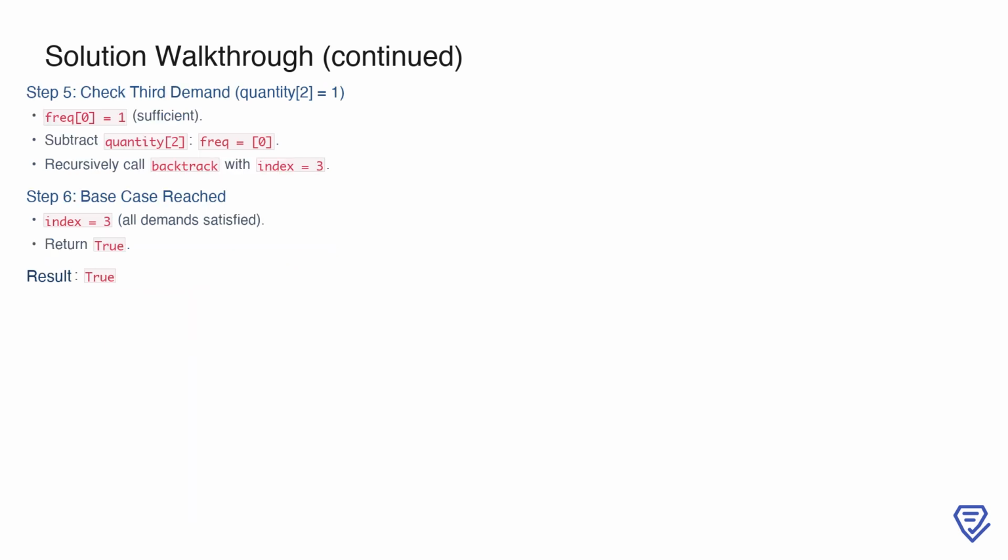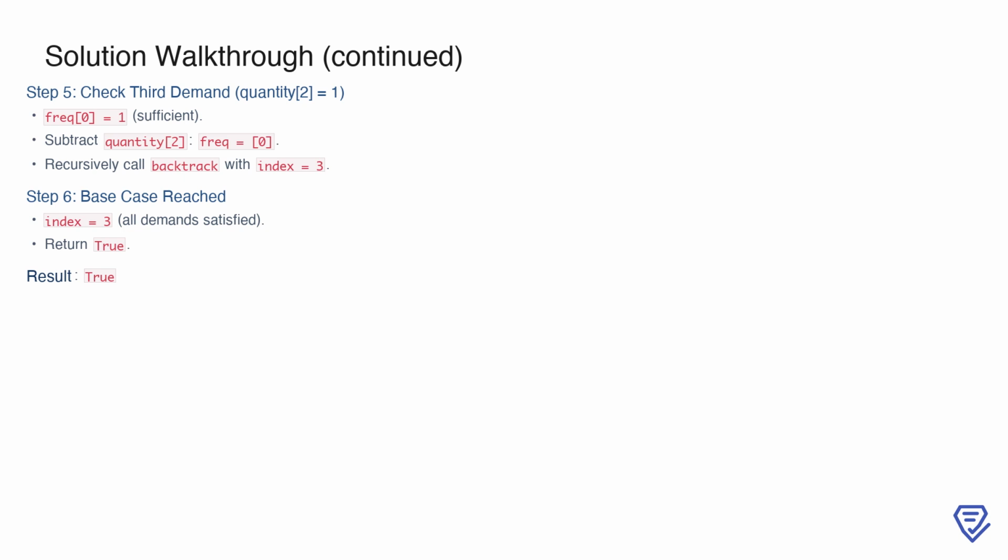At index equals 1, we move to the second demand, quantity[1] equals 1. Here, frequency[0] equals 2 is sufficient to meet the demand. We subtract quantity[1] from frequency[0], resulting in frequency equals [1]. We then recursively call backtrack with index incremented to 2.